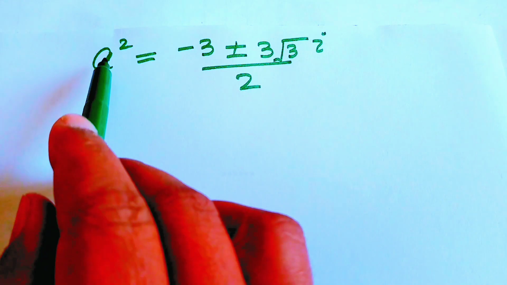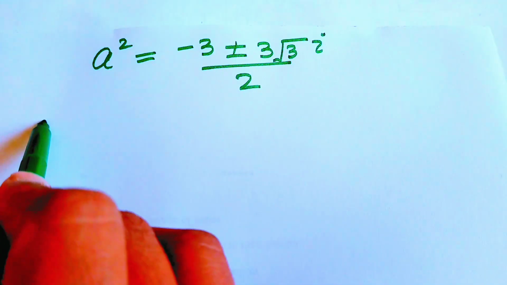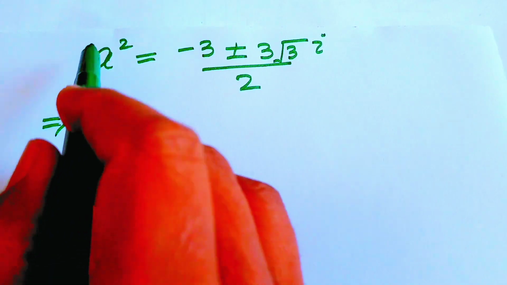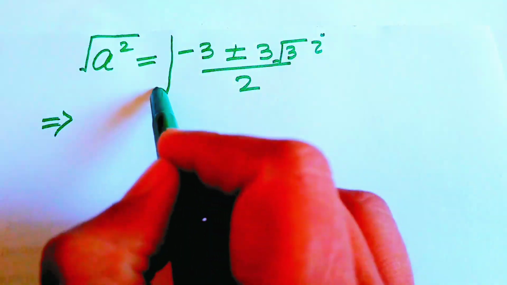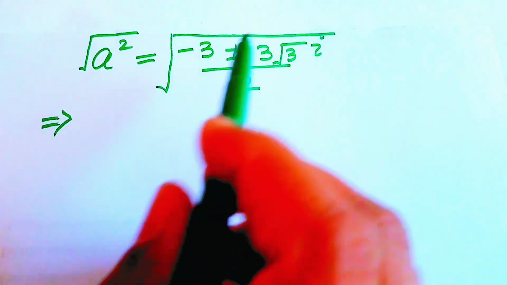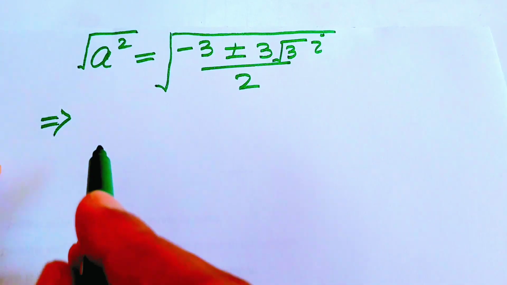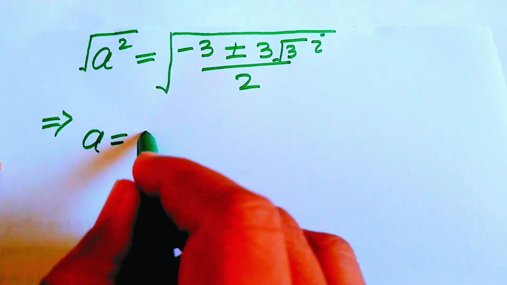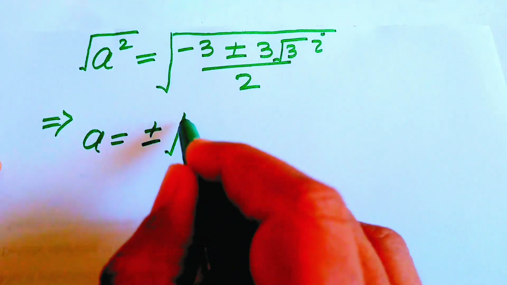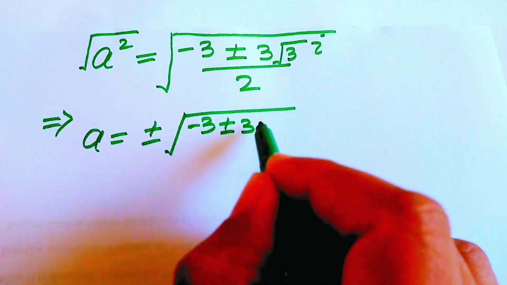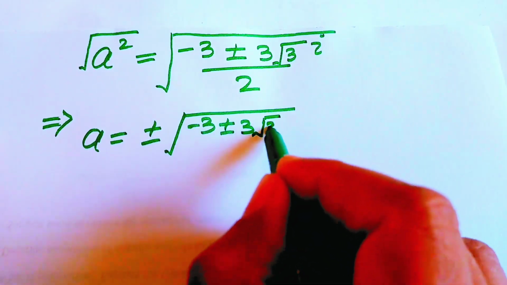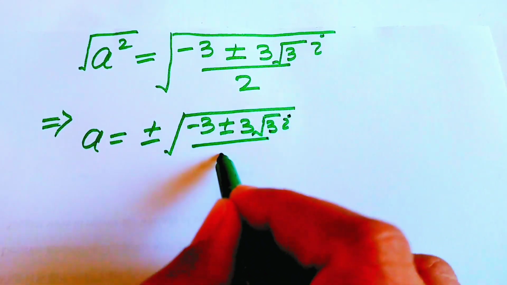First we remove this square root sign. In order to remove the square root sign, we need to take the square root again on both sides of this equation. So we get the value of a equals plus minus square root of minus 3 plus minus 3 square root of 3 iota, divided by 2.